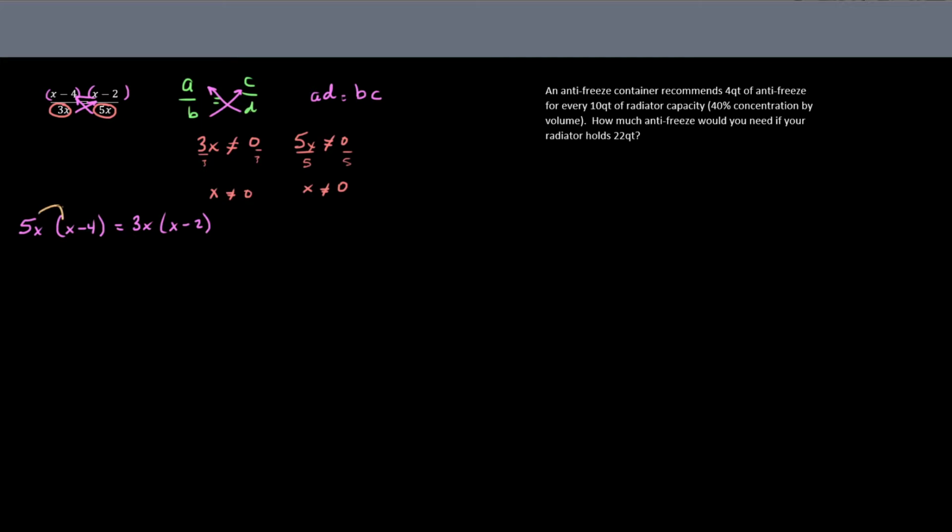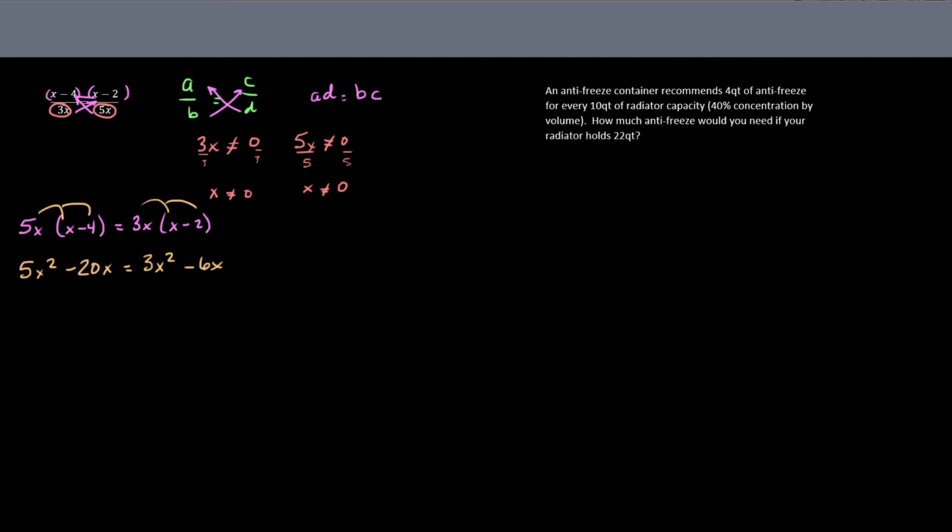I'm sure I'll get some complaints that that's not how I was taught, but I do it all the different ways because I change my way depending on what I'm given. Going through distribution, I get 5x squared minus 20x is equal to 3x squared minus 6x.